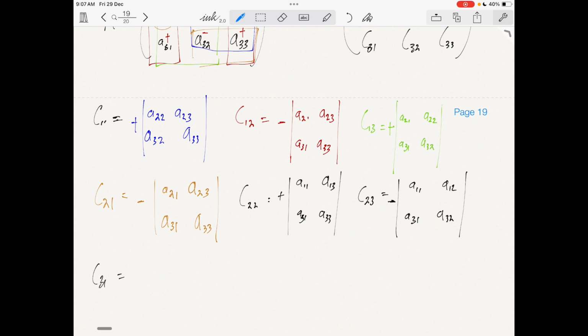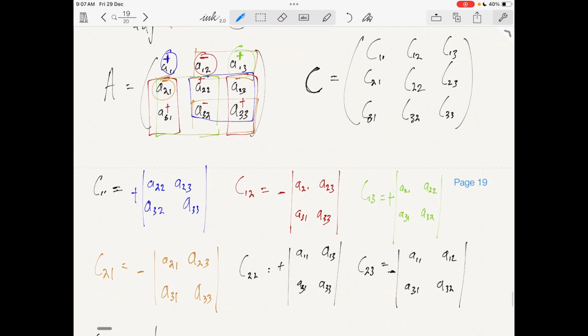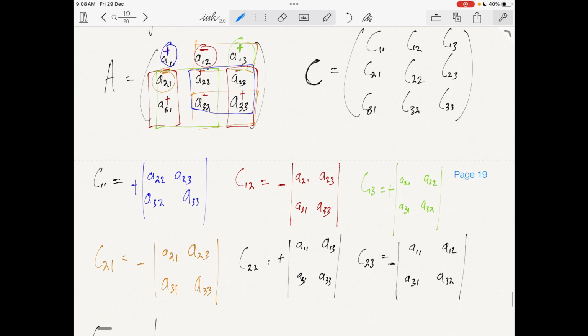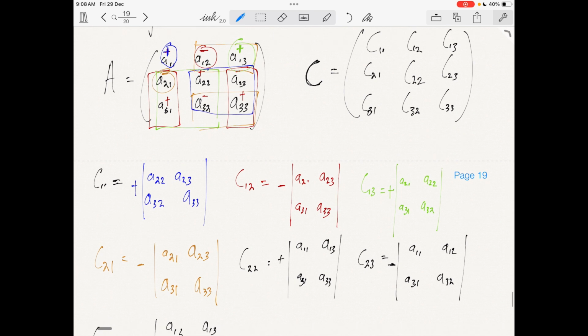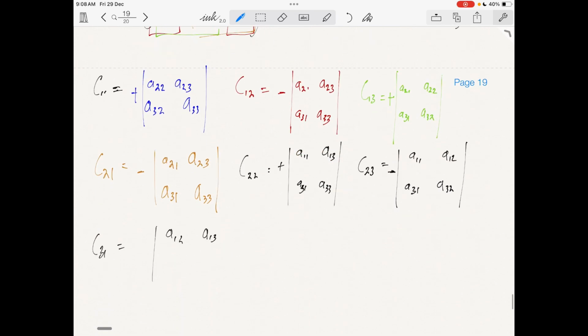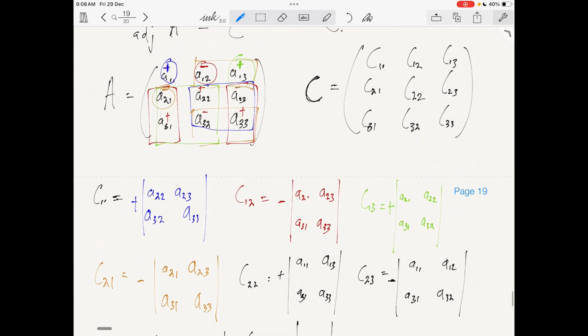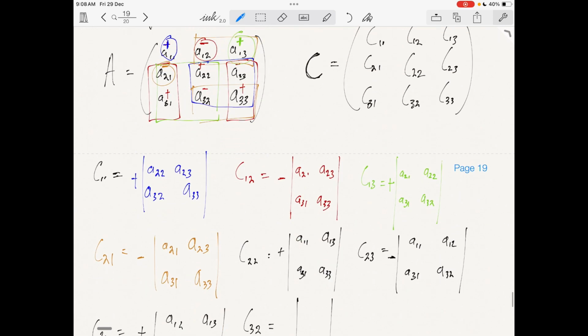When we take C31, we consider the horizontal and the vertical, and we will be left with A12, A13, A22, A23. That place is quite messy, so we are just trying to crowd everything in.